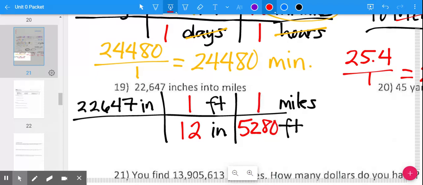So when you multiply straight across the top and divide by the numbers at the bottom, you end up with approximately, actually we'll put the fraction in there, so inches, inches, feet, feet. You're left with miles.